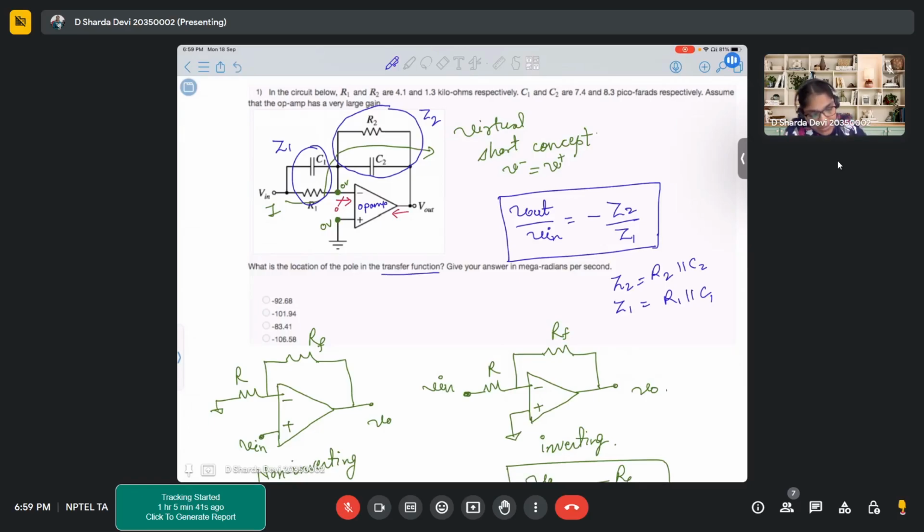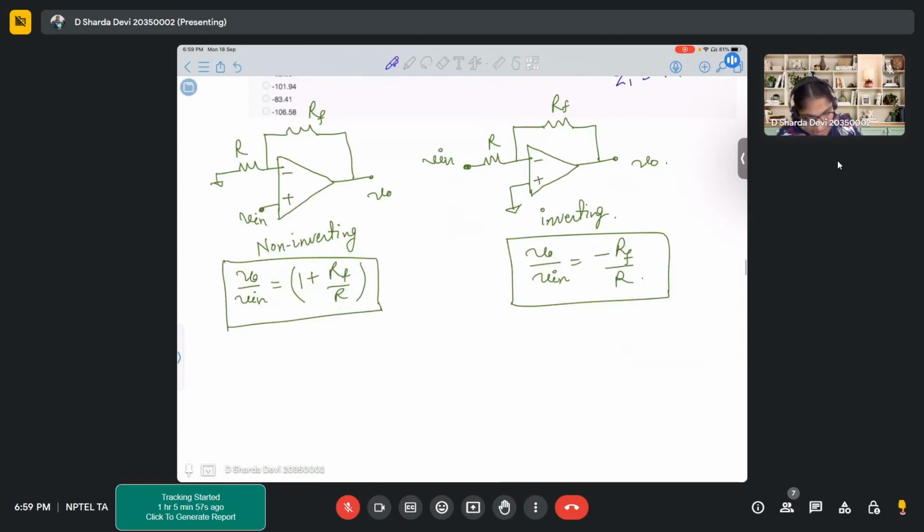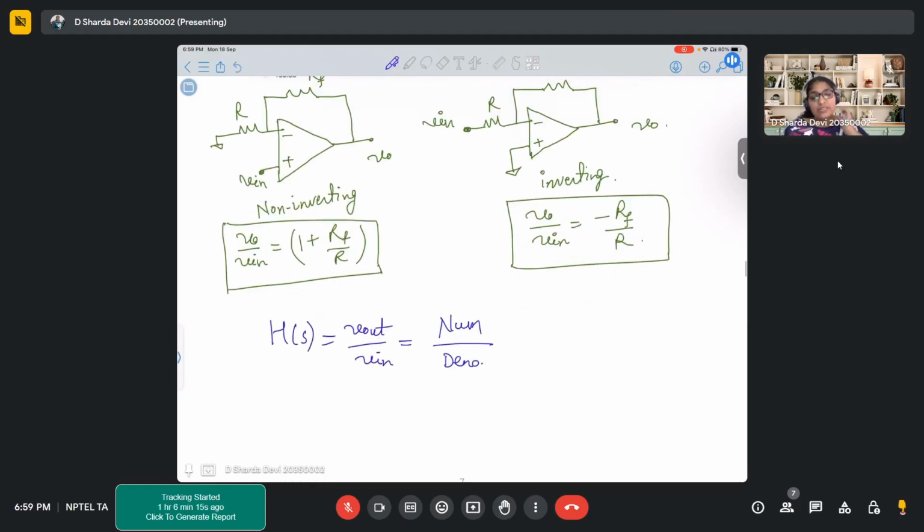And what do you understand by transfer function? Transfer function is basically V out by Vn, as we found out. For any circuit, when we write V out by Vn, we call it a transfer function. And what are poles and zeros? You can write it in H of X terms or J omega terms, anything is fine. It is V out by Vn, and it will have some numerator and some denominator. Now there are the concepts of poles and zeros.